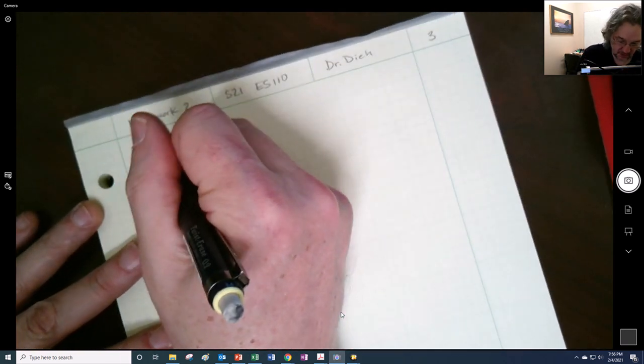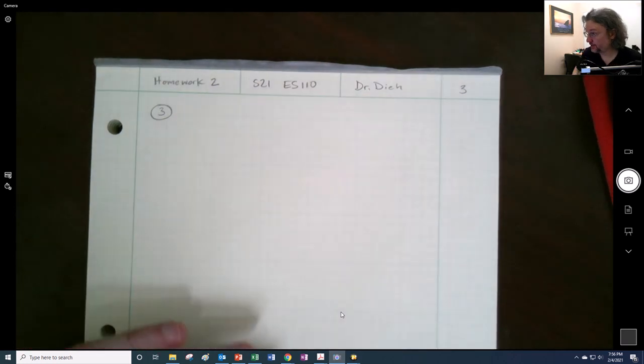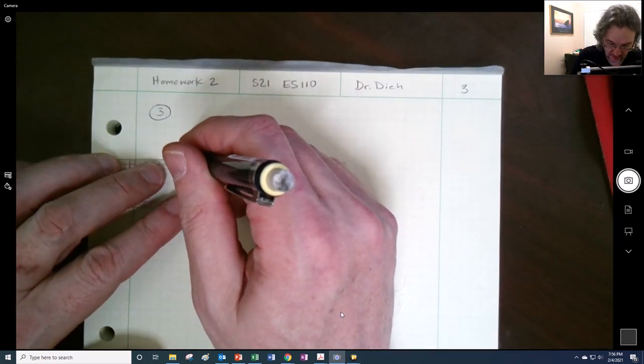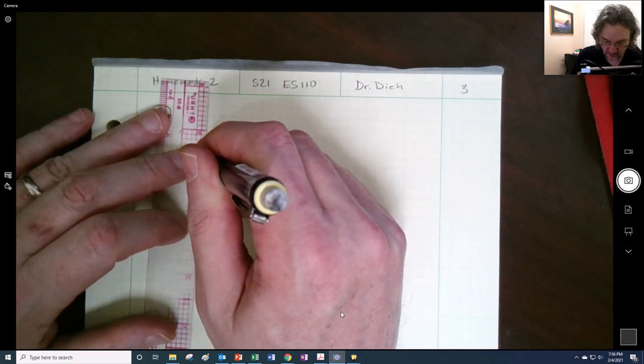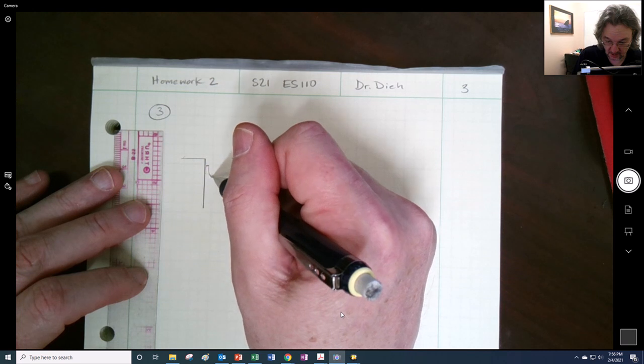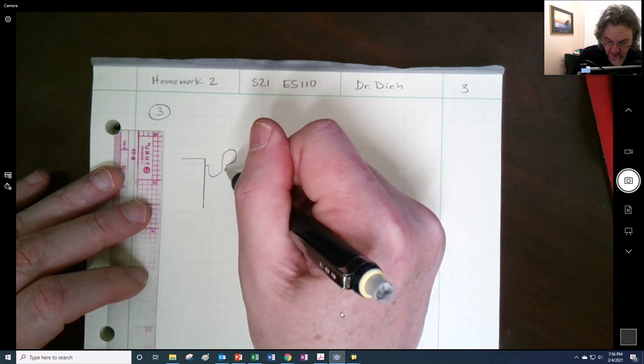So this is problem 3, and in our setup right here, I'll try to draw it a little bit, make it look kind of close to the original. All this other stuff doesn't matter that much.